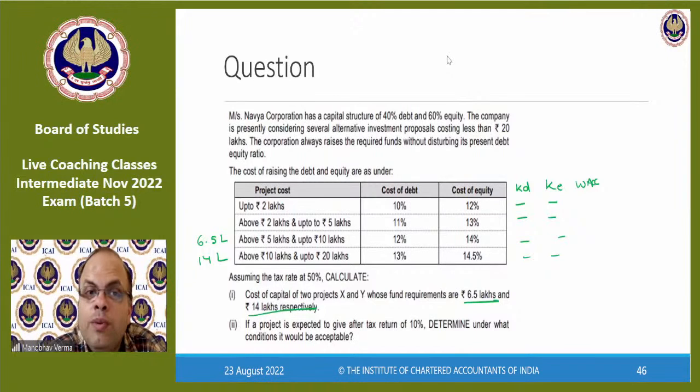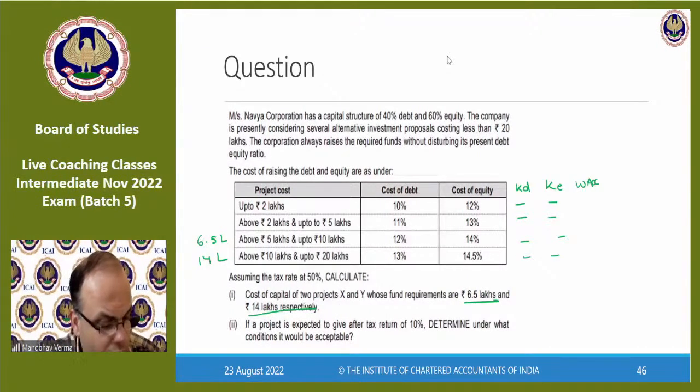For any project to be accepted, it has to give a return more than the cost of capital. Am I correct? So if the WACC is lesser than the project return, you can take the project. But if it is higher than the project return, you cannot take the project. Simple point. We will take this discussion forward in our investment decisions chapters, guys.